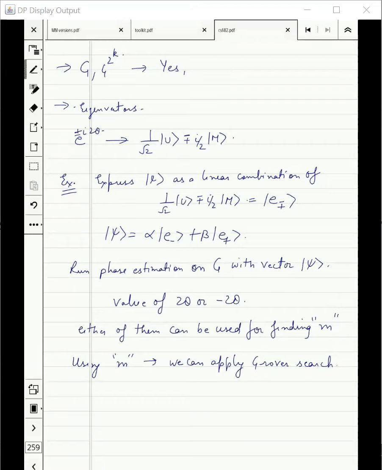Sounds okay? Any questions? Am I missing something? Are you happy with this? Now everyone can apply Grover search. And then we will find the marked element in square root time, even if we didn't know how many marked elements there were.